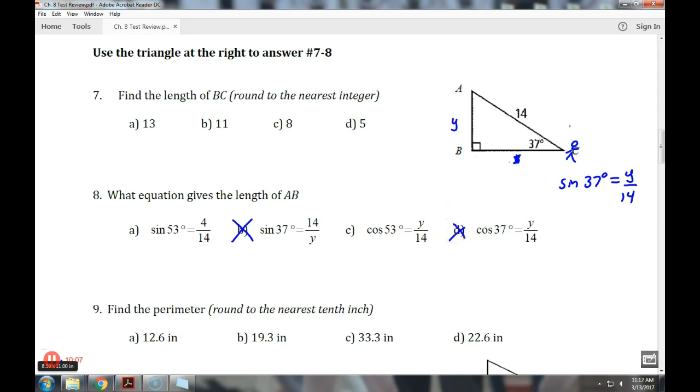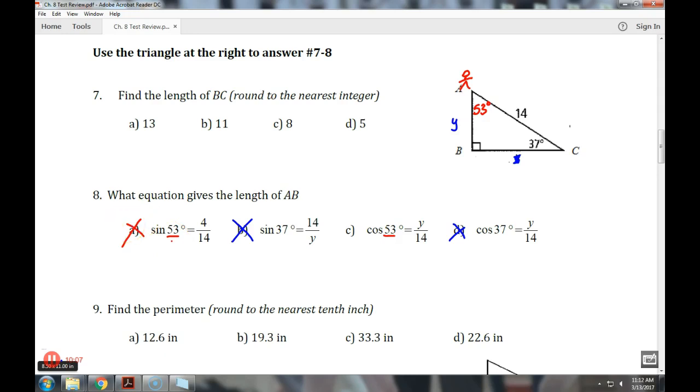So both of my 37 degrees are out, and now I see a couple that say 53 degrees. What that's referring to is we could calculate this other angle over here, 53 degrees, and instead of having our guy stand there, we could put our guy over here and stand in this position. So now when I look at the two choices left, the sine of 53 is 4 over 14. Well, that can't be it because I don't even see a 4 on there.